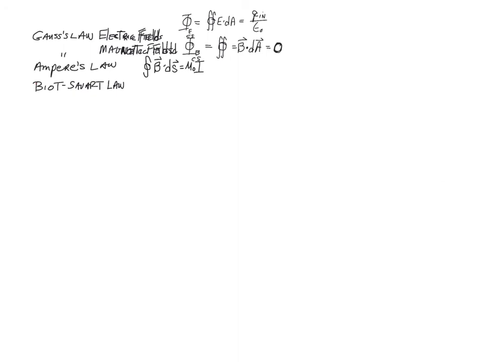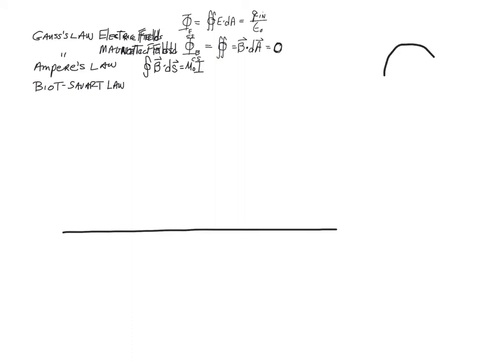So Ampere's law is fundamental to our understanding of magnetic fields, but for calculating magnetic fields, it's only useful in a few high symmetry cases. The Biot-Savart law, on the other hand, can be used on a very, very wide variety of cases, and so we can do the straight wire.